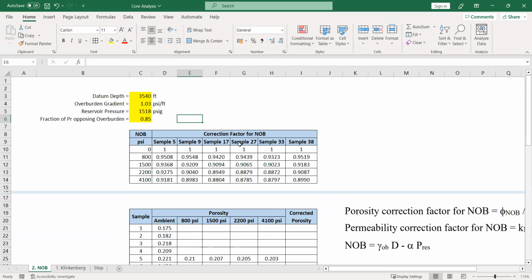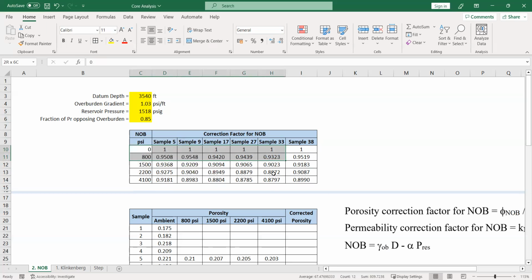Then we also have this very important table. As I said before, in many core analysis reports, we have this kind of information where we have some measurements that give this correction factor for NOB for each net overburden stress. The unit for stress is psi.